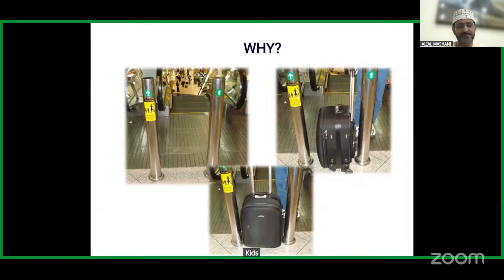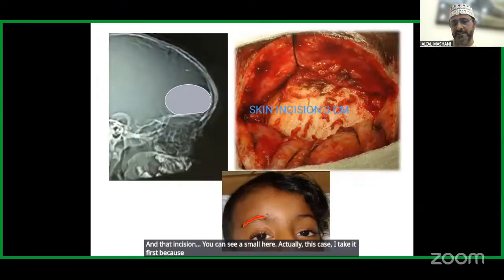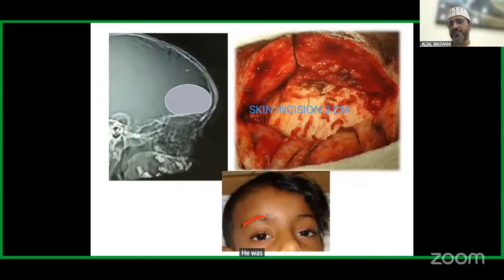Next slide. In that you can see the incision here, and it is a small incision. I took this case first because my registrar was shaving the hair before I came; he thought I would do a pterional approach.